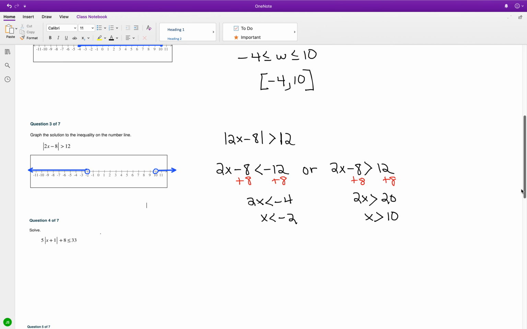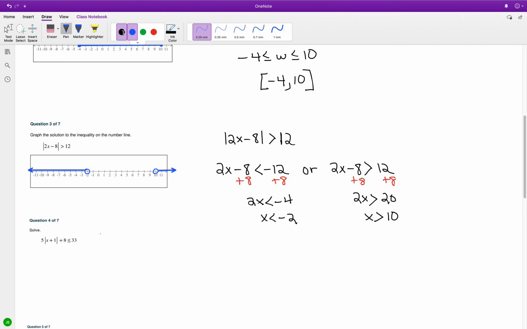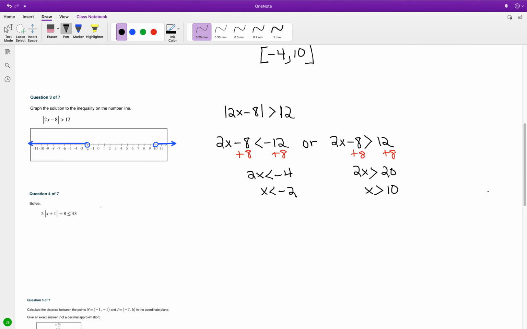Now, in item number 4, we have 5 times the absolute value of x plus 1, followed by the addition of 8, is less than or equal to 33. In isolating the absolute value of x plus 1, I can take away 8.